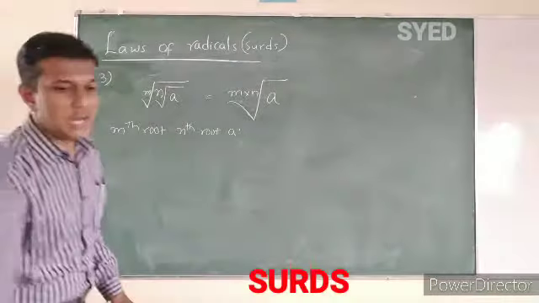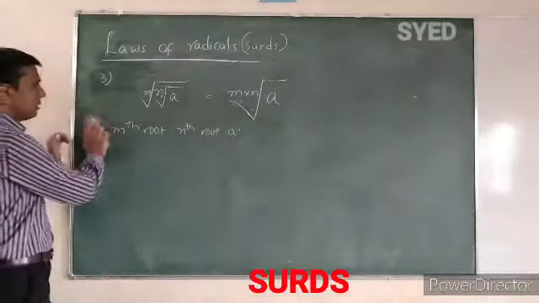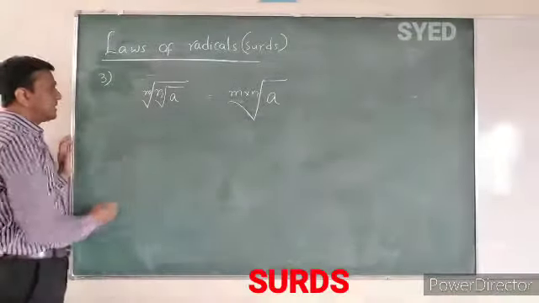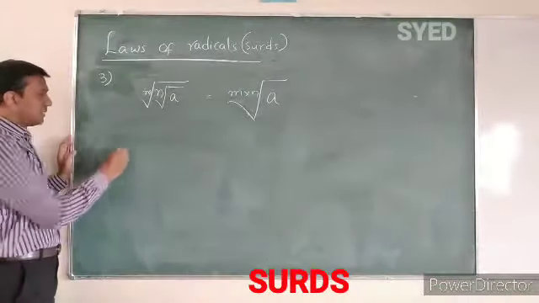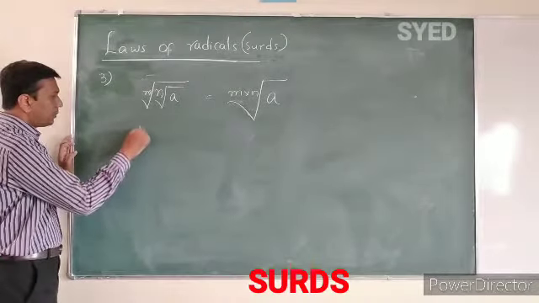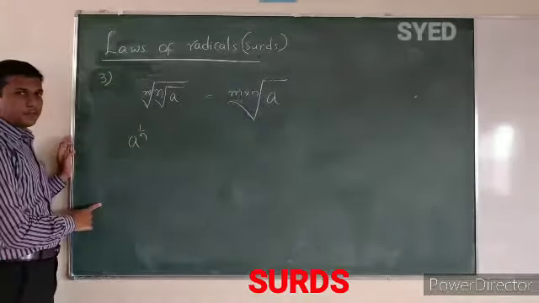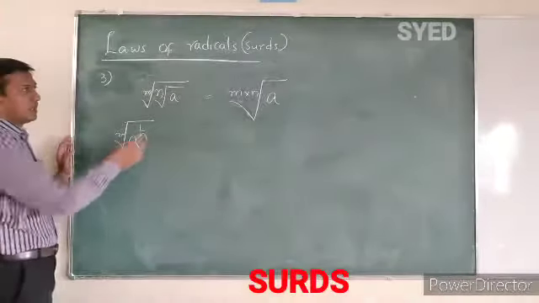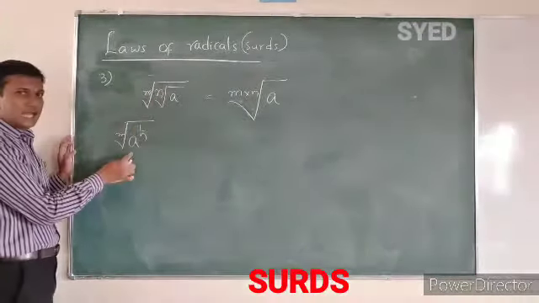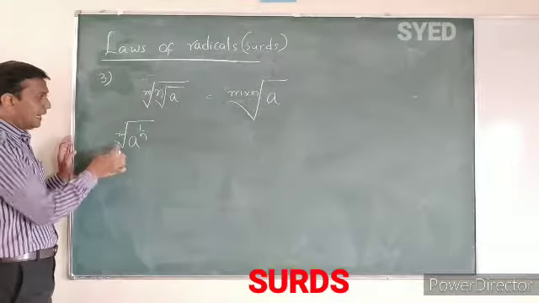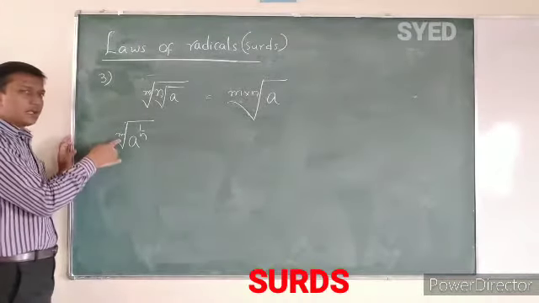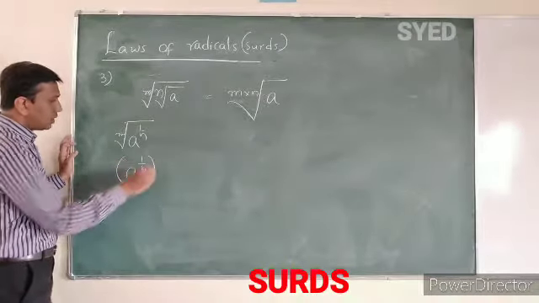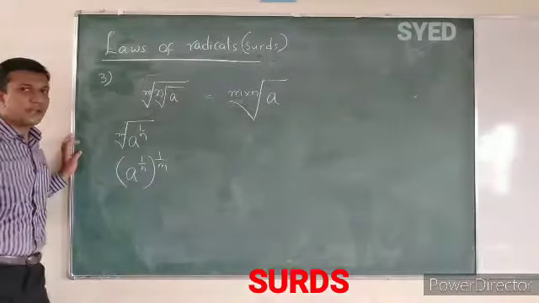You can ask the question, why do we have to multiply? What is the nth root a? In the definition we discussed, it is a to the power of 1 by n. Again it is having an mth root outside, so this can also be written as a to the power of 1 by n, to the power of 1 by m.